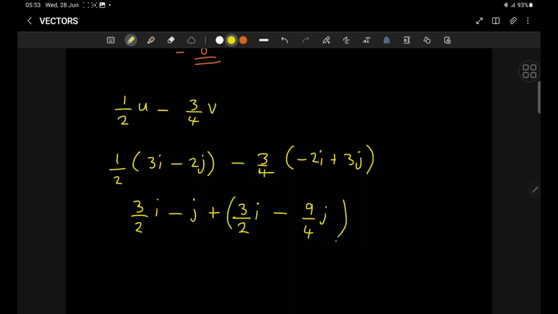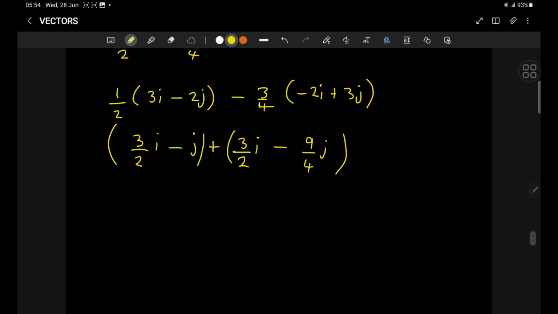So looking at this stage where we've reached, we can just add the vector components of i, and also for j. So we'll have 3 over 2 i plus 3 over 2 i. Then we also have negative j minus 9 over 4 j. So we can simplify this.